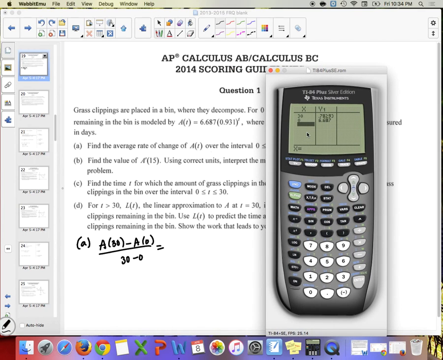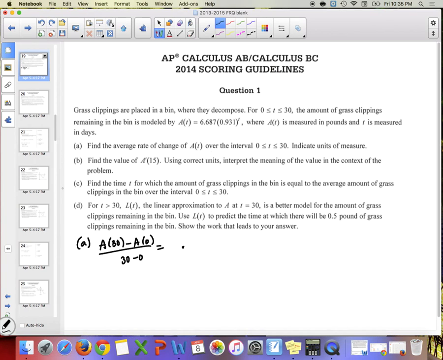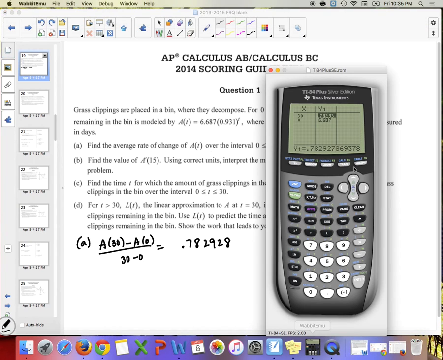If I want to find more decimals, which I probably need in this example, I'm going to do it like that. So I'm going to have 0.782928, and then my A of 0 is going to be 6.687.